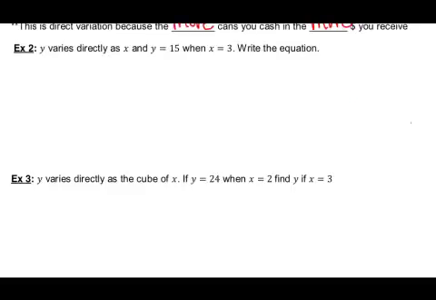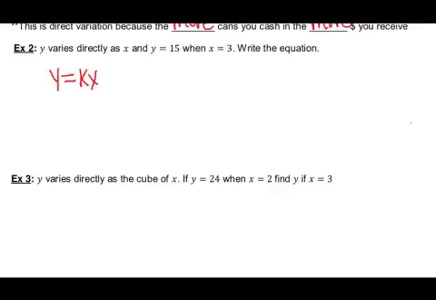So example 2, y varies directly as x, and y equals 15 when x equals 3. We're going to write an equation. The first thing we need to do is solve for k, or find out what k is. Again, the direct variation equation is y equals kx, where k is the constant of variation.